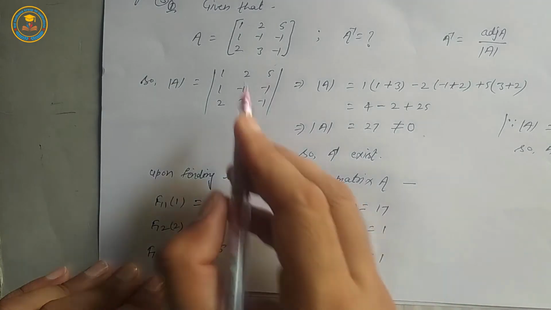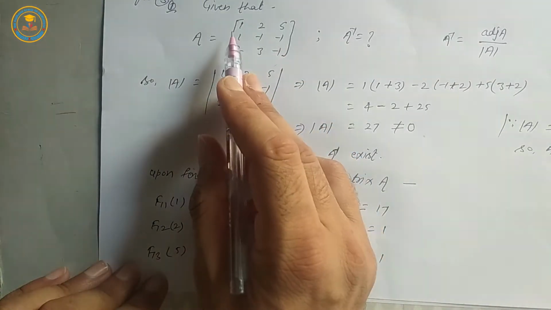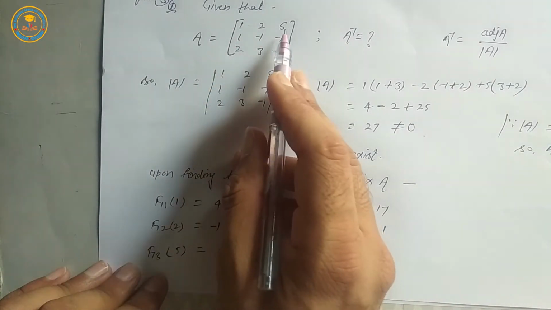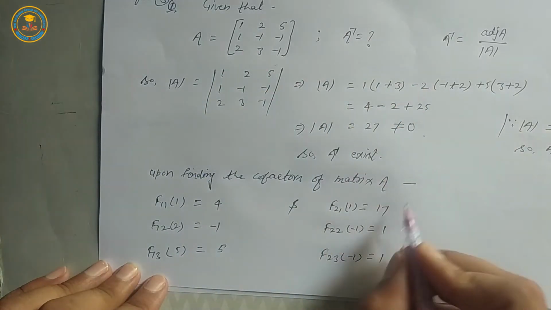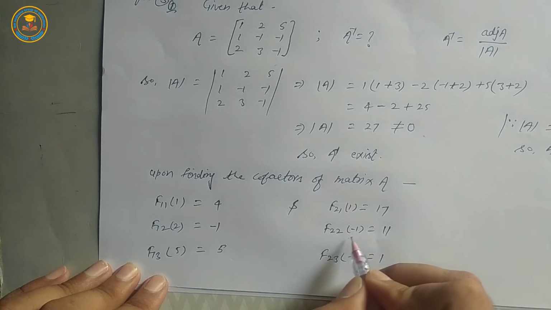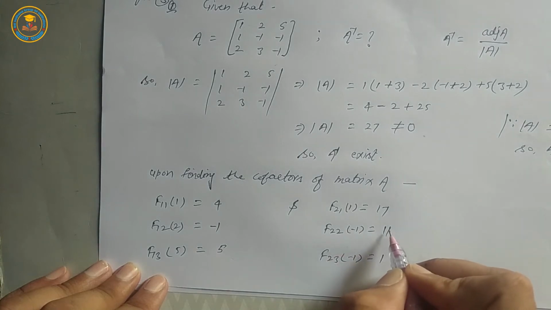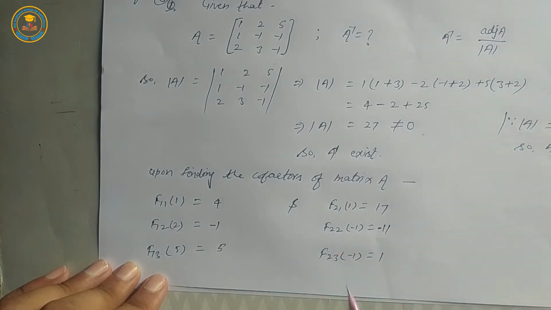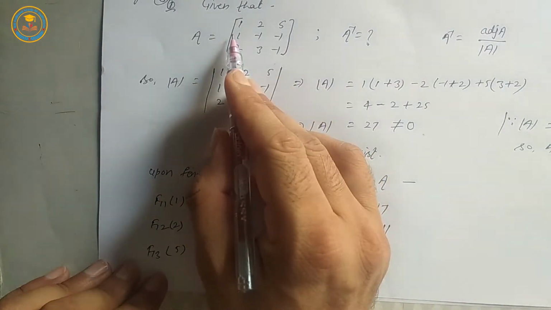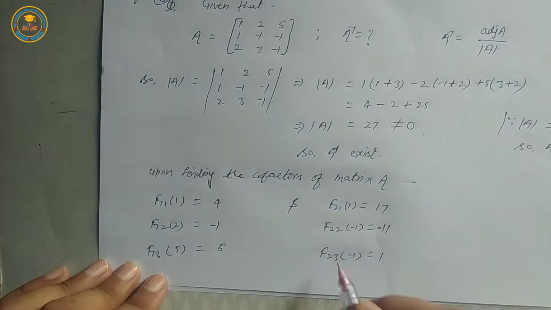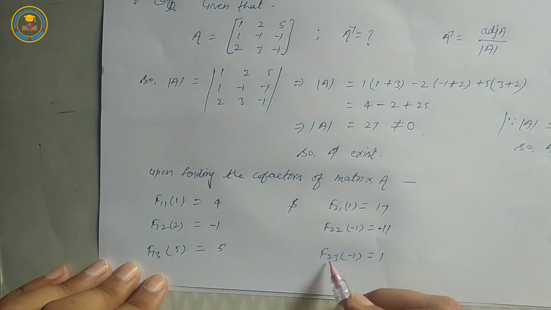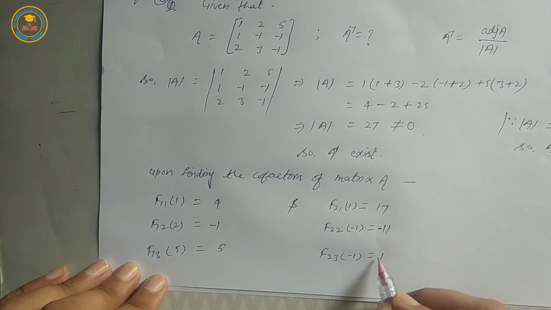F21: minus 1 times 5 into 2 is 10, minus 1, minus 10, 11, sorry, 11. F22: minus 2 minus 2, minus 1. F23: minus 1, row and column, 3 into 1, 3 minus 4 minus 1, it means 2 plus 3, 5, odd number, minus plus.